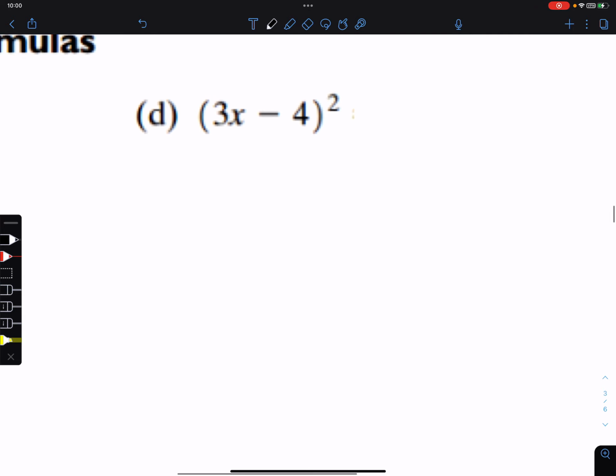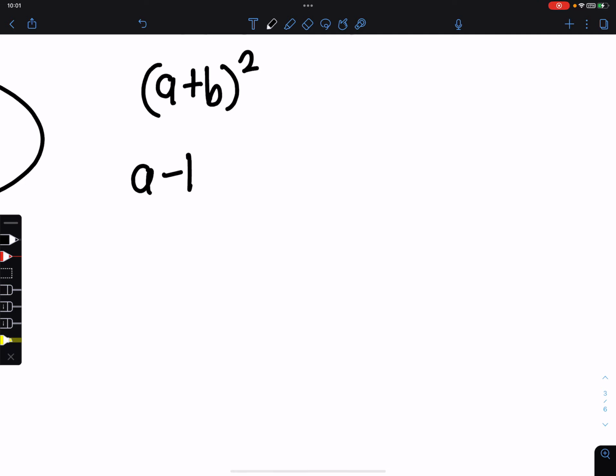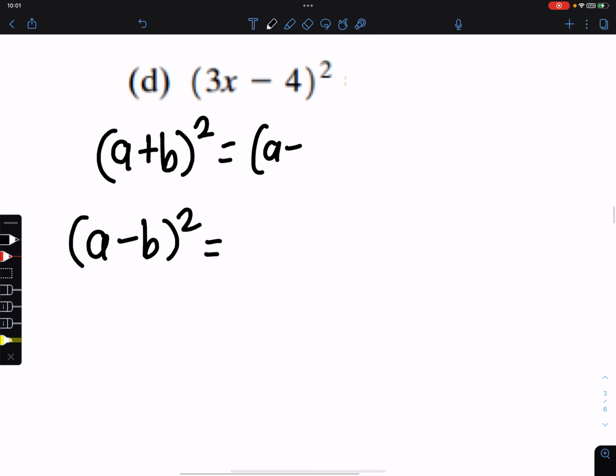Okay, now let's go ahead and find what is a plus b squared and what is a minus b squared. Okay, so a plus b squared, let's look at this as a plus b times a plus b again.